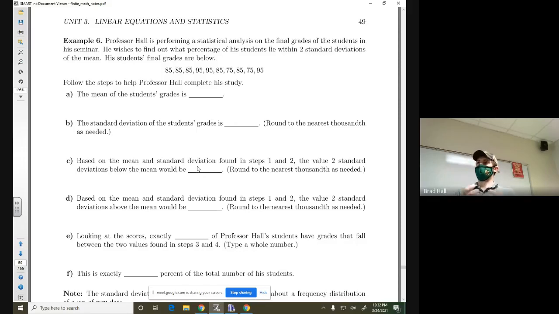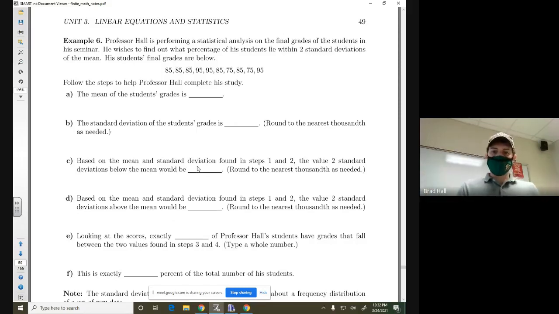And the dispersion, mainly the standard deviation, is a way to measure how compact or dispersed the data is from the mean. A small standard deviation means the data is really close to the mean. A larger standard deviation means that the data is a lot more spread out and diverse.